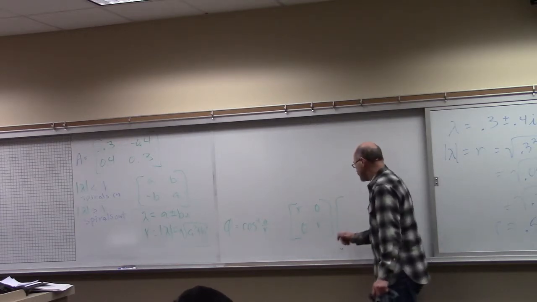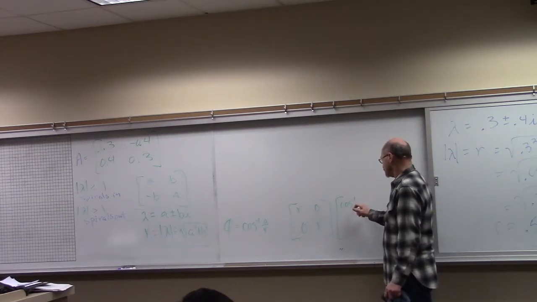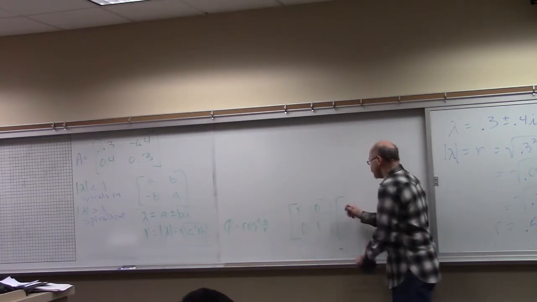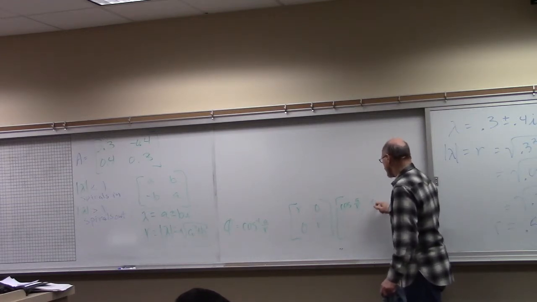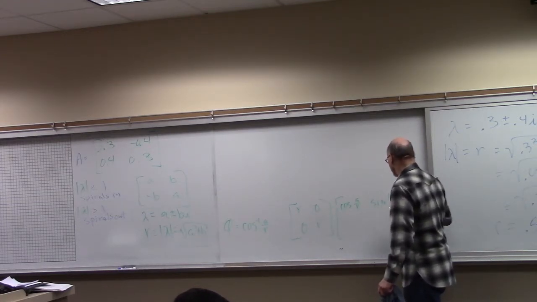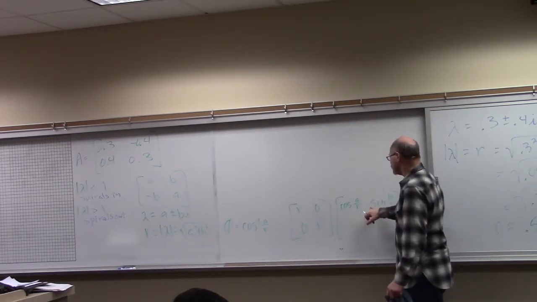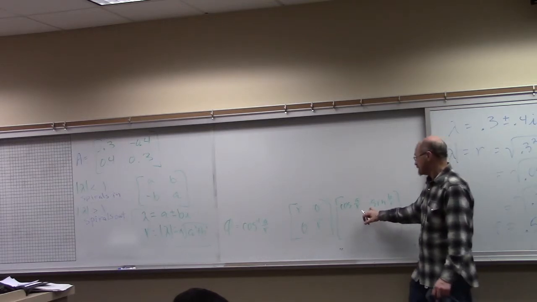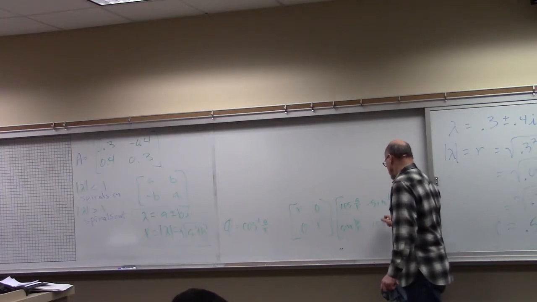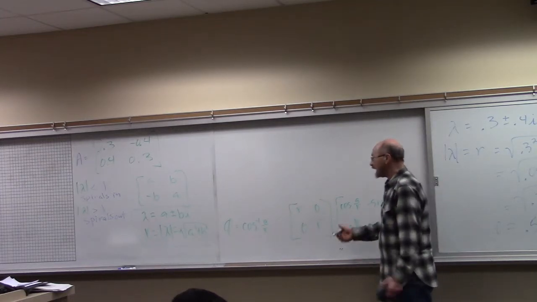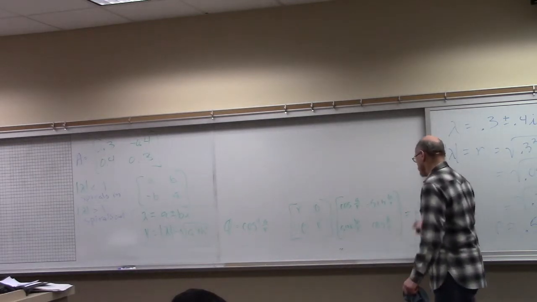And the other one is going to be the cosine of A over R, the sine of B over R, and to make it counterclockwise, that would be minus the sine of B over R, and the cosine of A over R. Wouldn't that be cosine A over R?